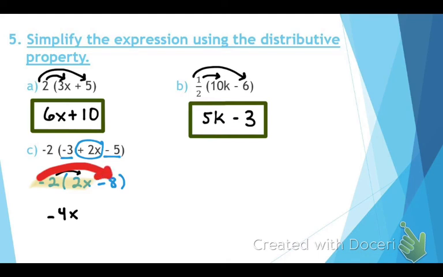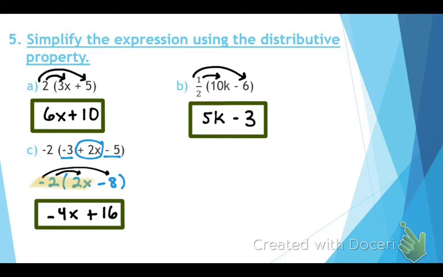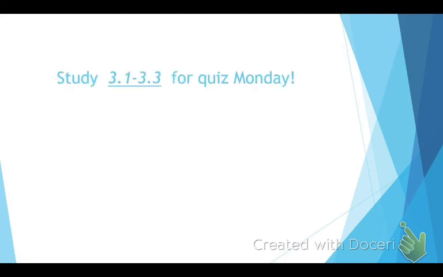Plus 16. Okay, so 2 negatives multiplied together is going to equal a positive, and 2 times 8 is 16. I saw a lot of people ended up with this answer, 16 minus 4x. How many of you would say you did get that? Okay, but remember, you want to put your variable term first. All right, so 3.1 through 3.3 is what we just covered, and that's what's going to be on your quiz on Monday.